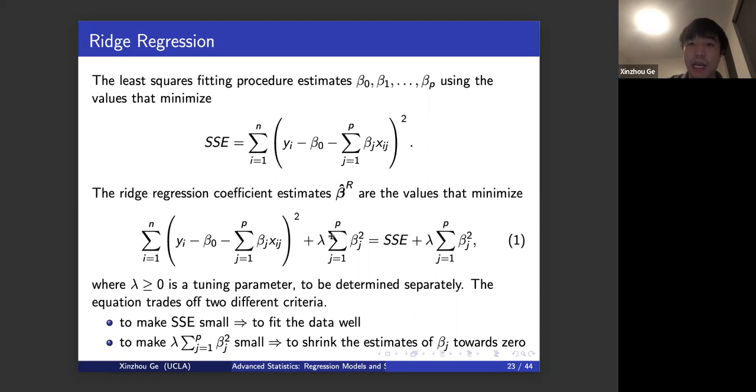This part means that if a beta is large, it will increase the whole amount to be minimized. This will encourage a smaller beta, especially when this beta does not improve the SSE. For example, if we make beta j equal to 0 but the SSE doesn't change a lot, it will encourage that beta to be small or even 0. That's the intuition for this sum to be minimized.